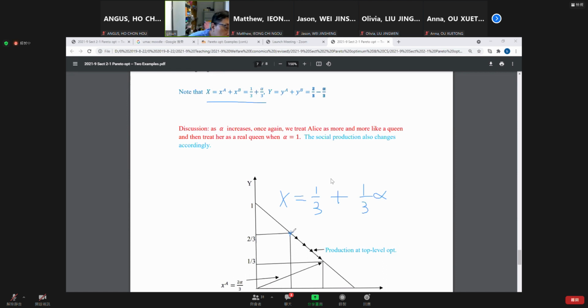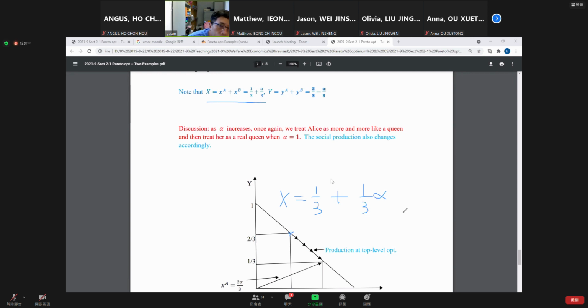When we care more and more for Alice, we should produce more and more for Alice. As alpha increases, Alice becomes more and more important, so we should produce more and more X. Why?